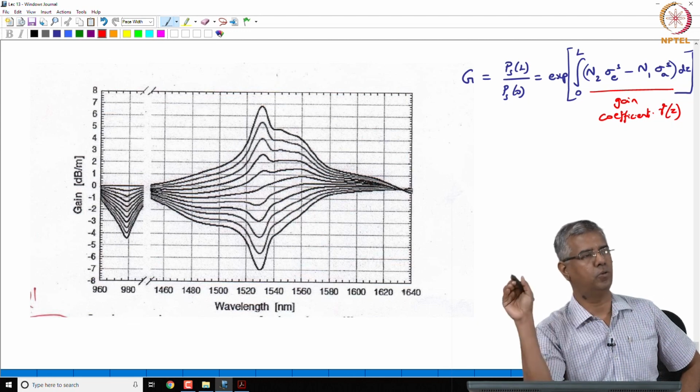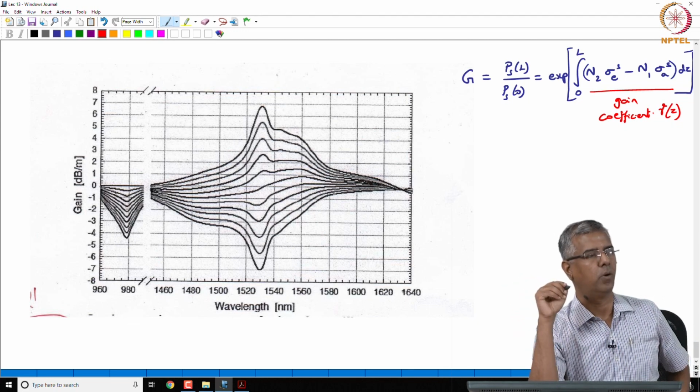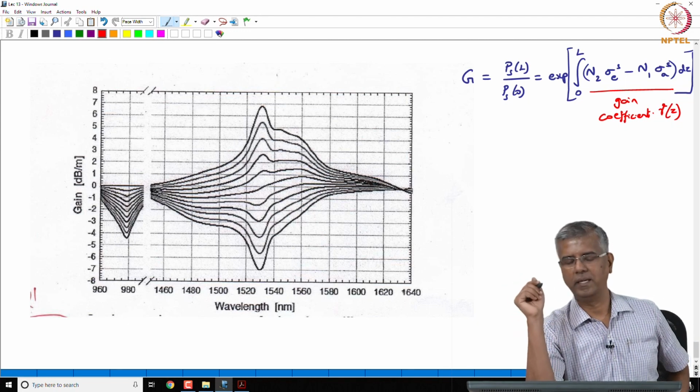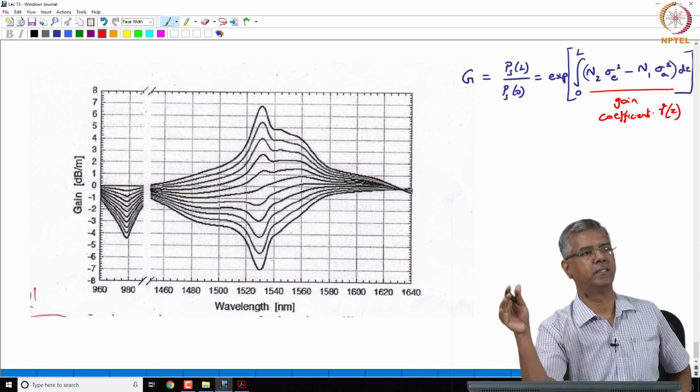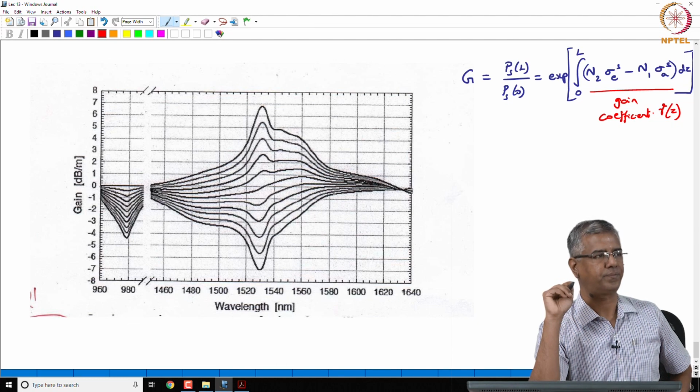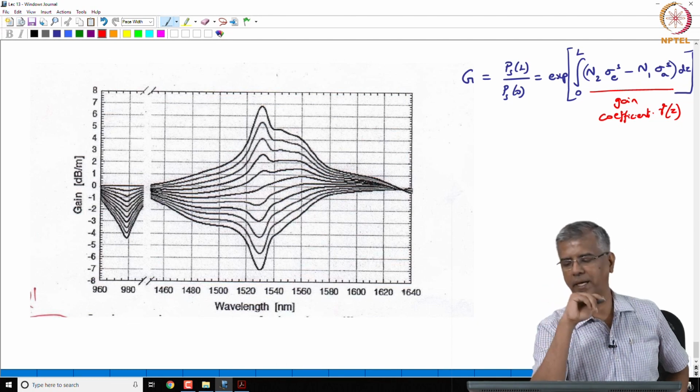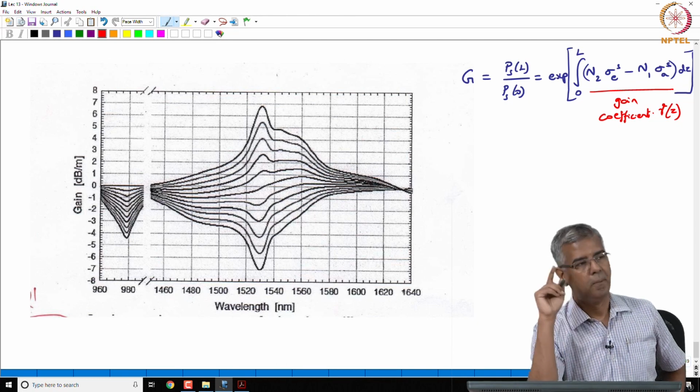But if I want to find the gain, the overall total gain, I will have to integrate the gain coefficient over that entire length, right, and that's what we are doing.